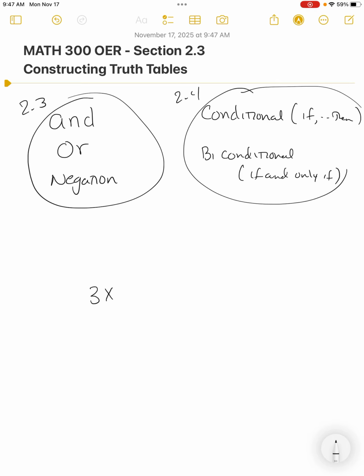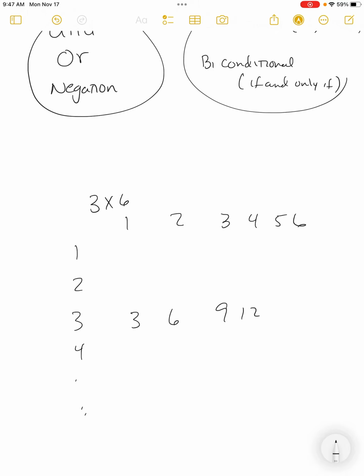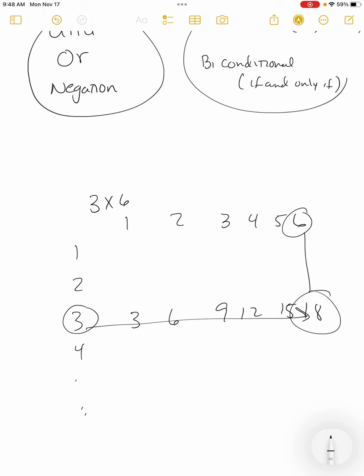So if you were in a class and you didn't know what 3 times 6 is, one of the things you could look at would be a multiplication table that would have 1, 2, 3, 4, and then across the top, 1, 2, 3, 4, 5, 6. And they would be all filled out. So in this row, you would see 3, 6, 9, 12, 15, 18. And so if you didn't know what 3 times 6 is, you would go to 3 and 6, and you would look at what was at the intersection and be like, oh, 3 times 6 is 18, right?